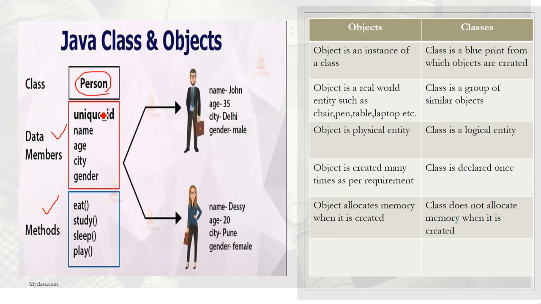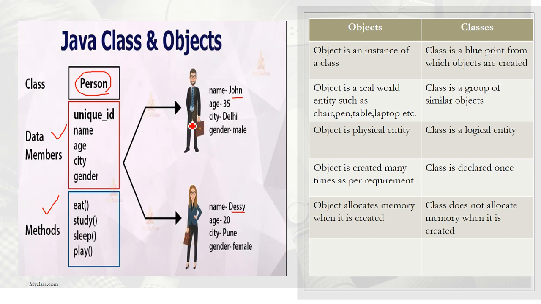In the class Person, the data members are a unique ID for identifying a particular person, name, age, city and gender. So this is a logical description of a person, and also the methods that the person follows are eat, study, sleep, play. So let's see. We can say that John is an object of this class Person and Jesse is another object of class Person.